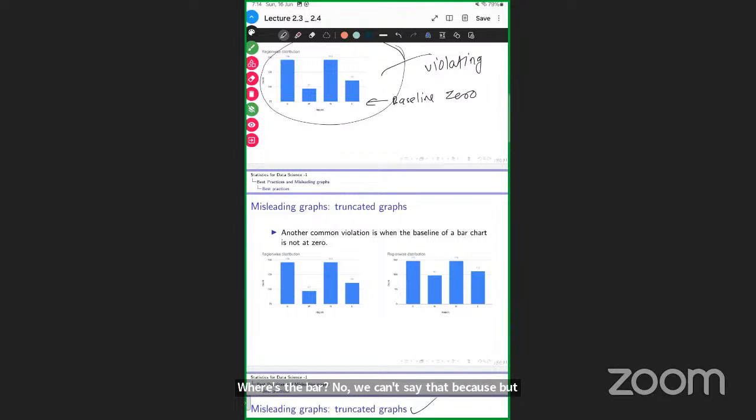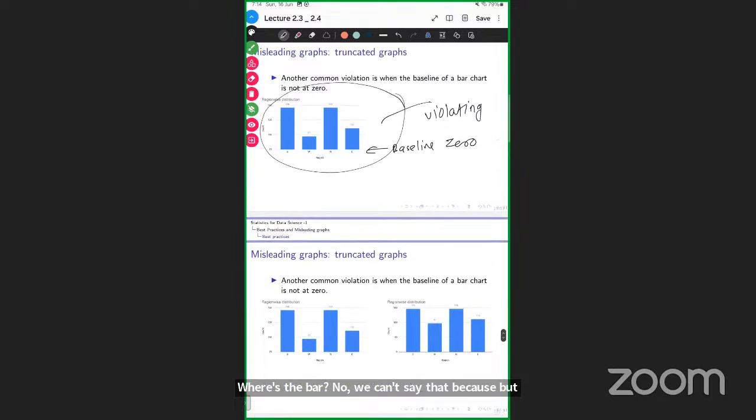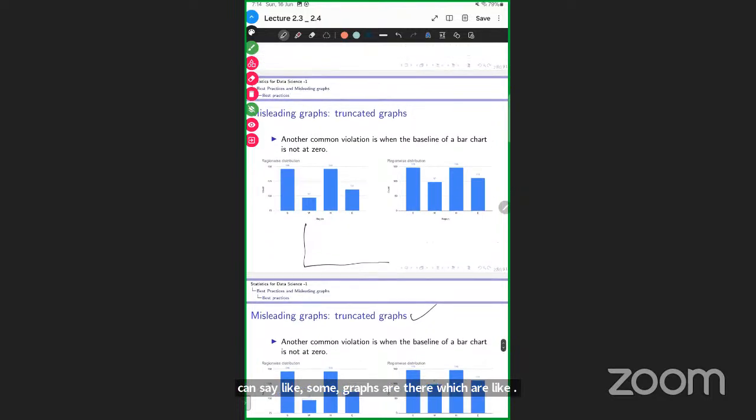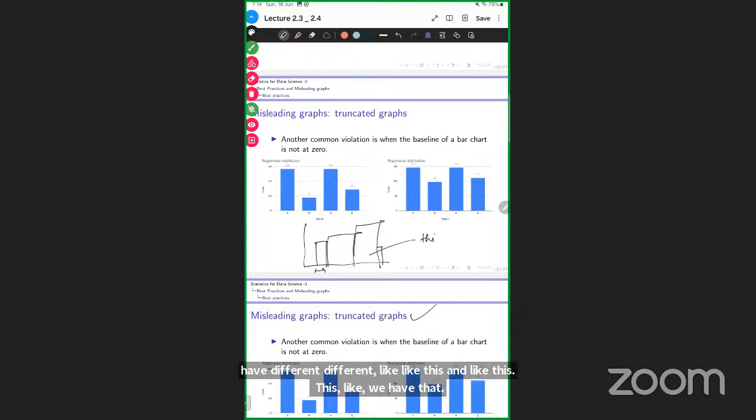But there are some graphs, something like an average bar chart, where they have different widths. In that case, this could be misleading, but we have to see what the x-axis represents.